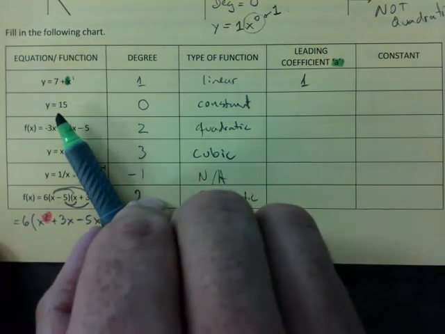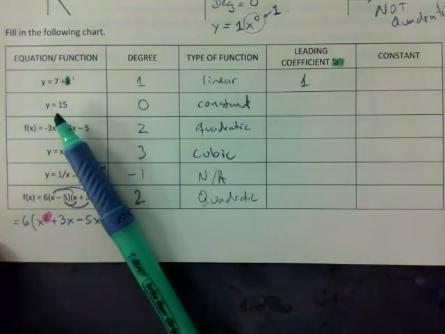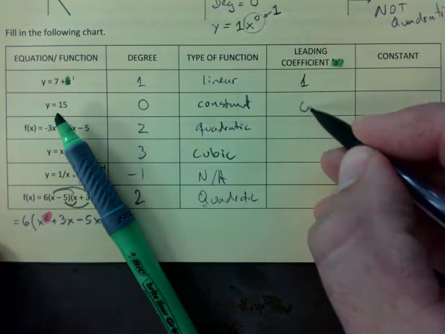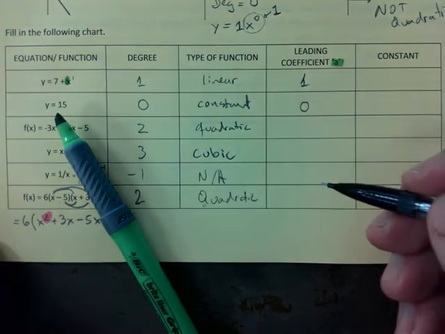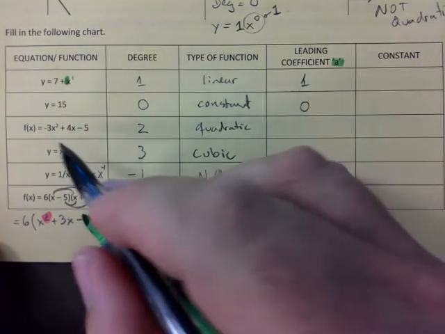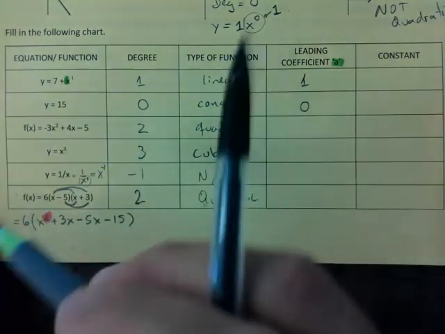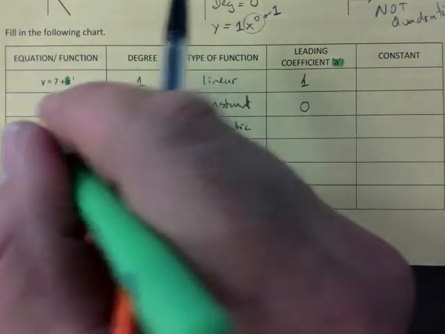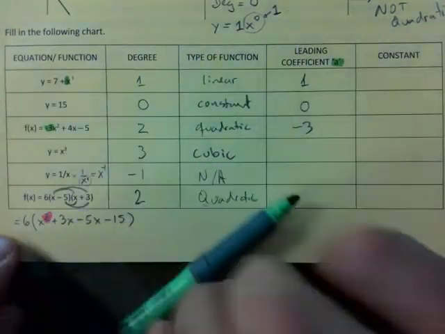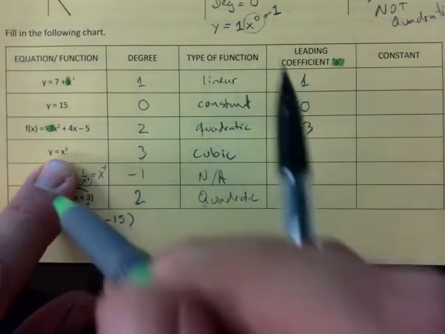In this case, what's my leading coefficient here? It's actually 0. Because there is no variable, no highest power of x. So whatever, if it had been there, it would be 0. Okay? In this case, negative 3. So I'm going to highlight that negative 3 here. That's negative 3.